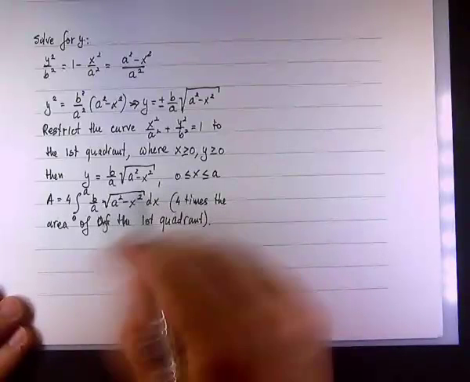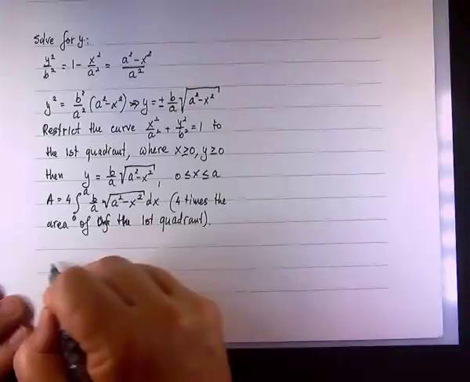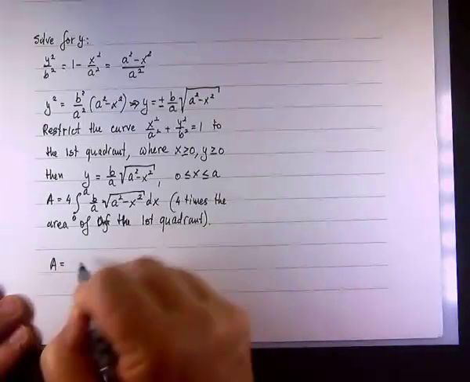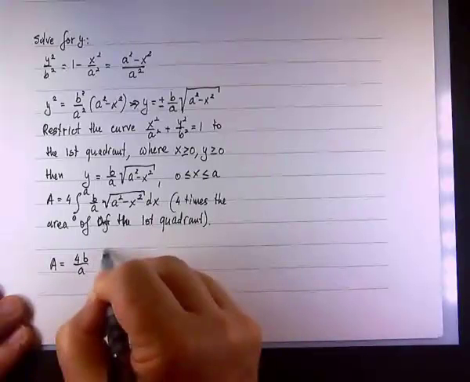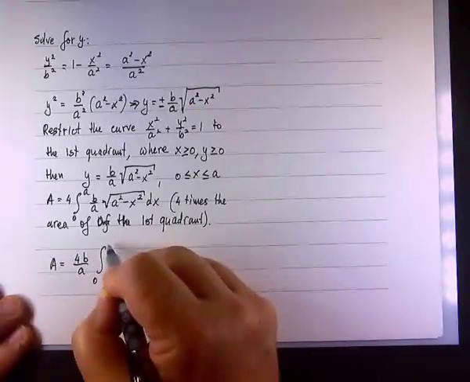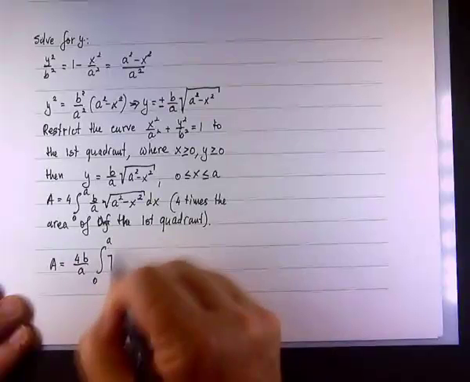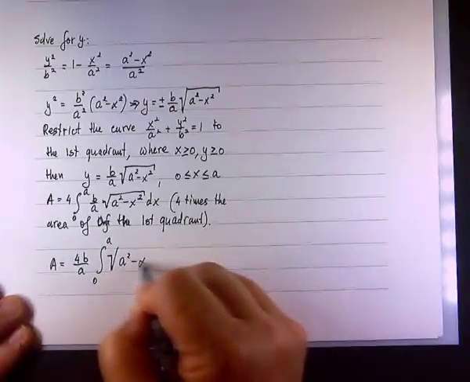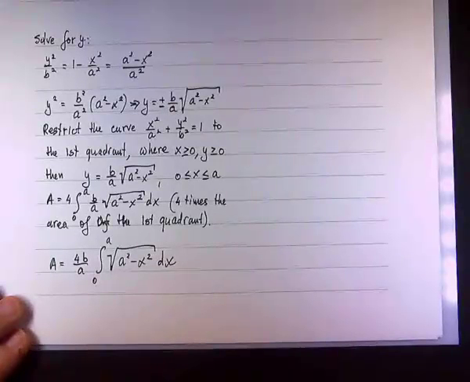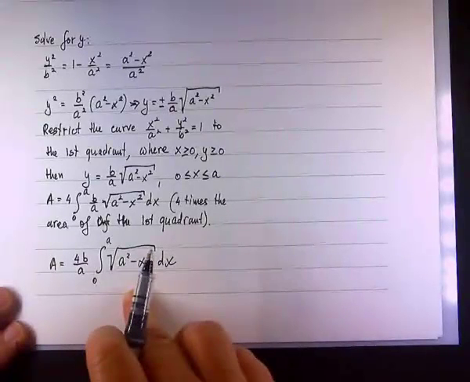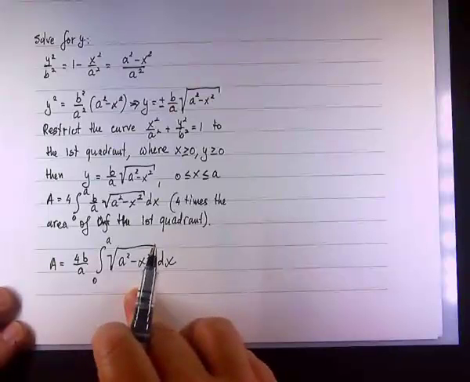And of course I can pull out b over a, so I'll end up having 4b over a, the integral from 0 to a of the square root of a squared minus x squared dx. Substitution, this is the sine substitution if you remember, right?